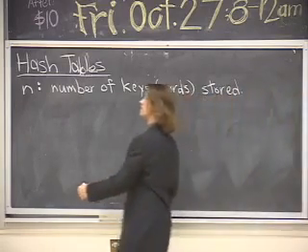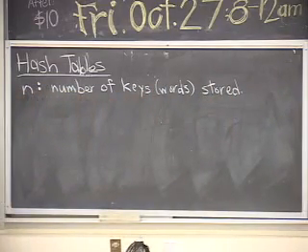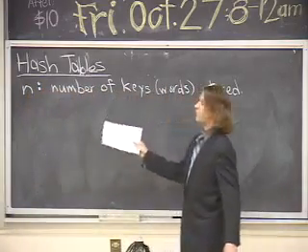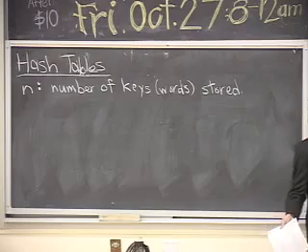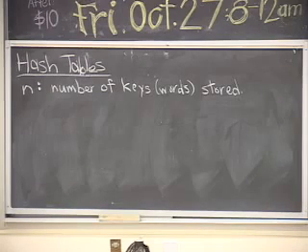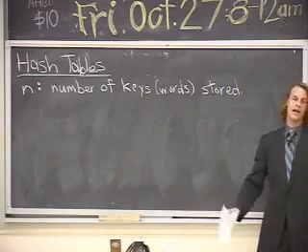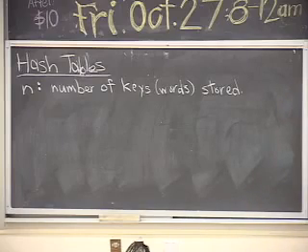This is not this 26 to the 45th number here, because we can't deal with that. Instead, this is the actual number of words we want to store. Now, the English language, even if you go to the Oxford English Dictionary and pull up every obscure word ever used in the 1500s, is still less than 1 million words. So n for the English language is, I think, somewhere around 700,000. So this is something that a computer can cope with.